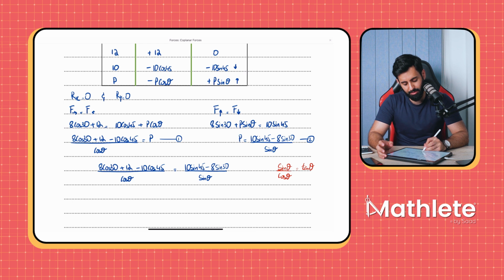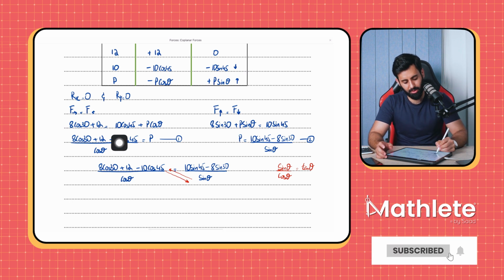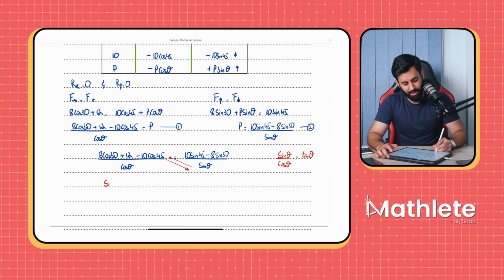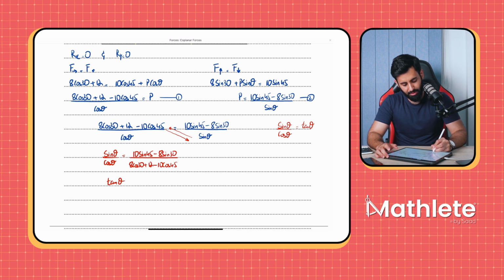So my objective right now is to somehow get sine theta above cos theta, and that means swapping places of these two, this 8 cos 30 plus 12 minus 10 cos 45 and sine theta, which means that we will have sine theta upon cos theta equal to 10 sine 45 minus 8 sine 30, all of this divided by 8 cos 30 plus 12 minus 10 cos 45. Now, this is equal to tan theta. So tan theta is equal to this.